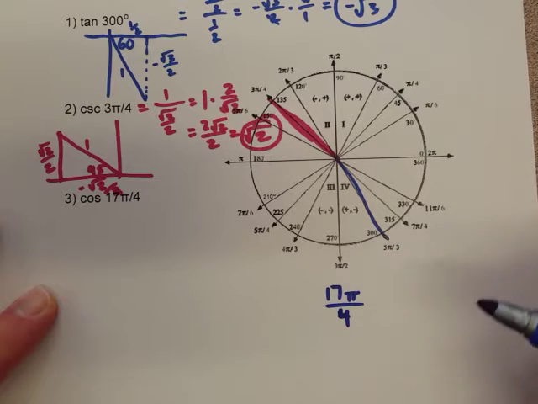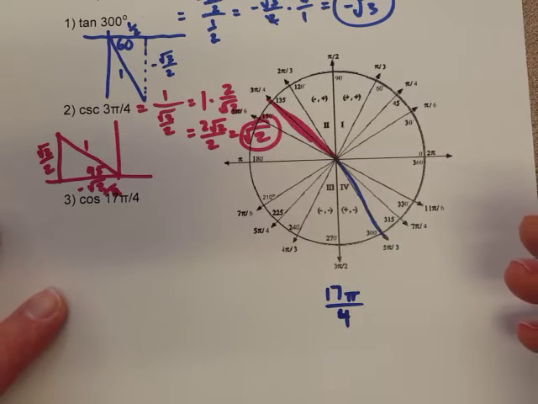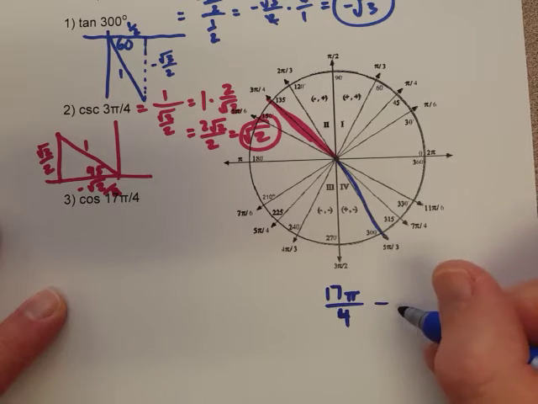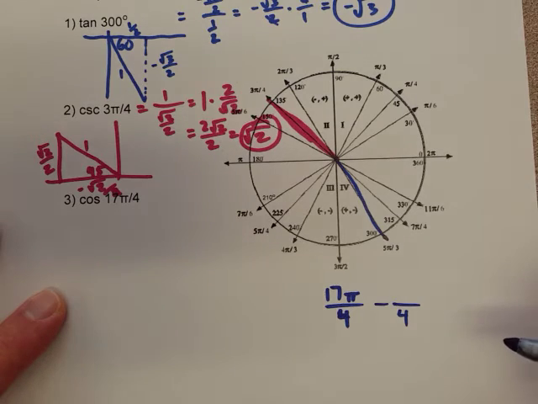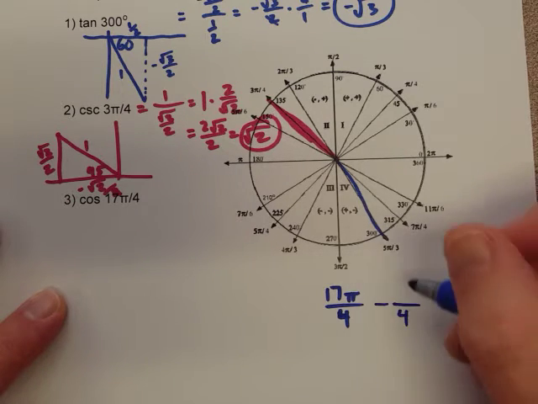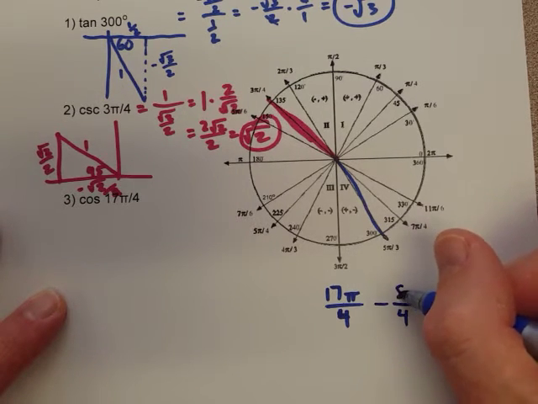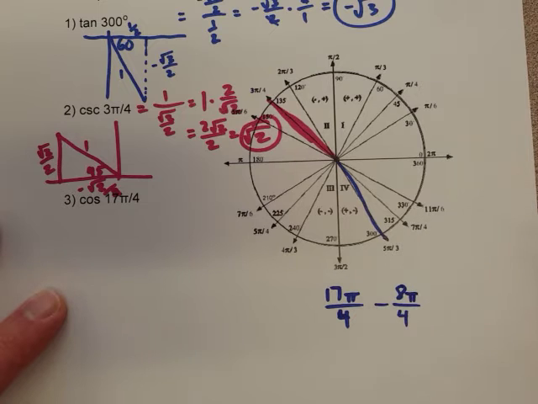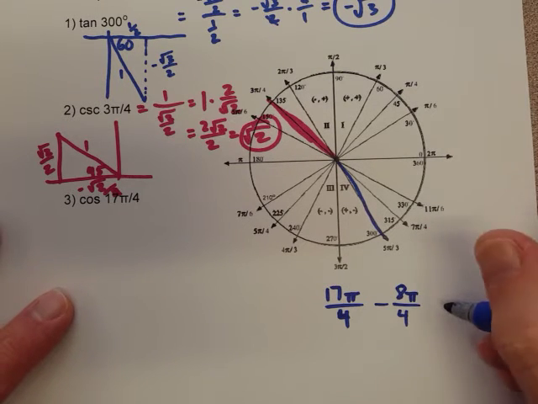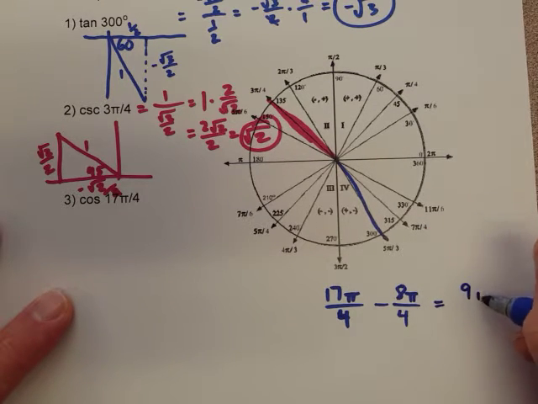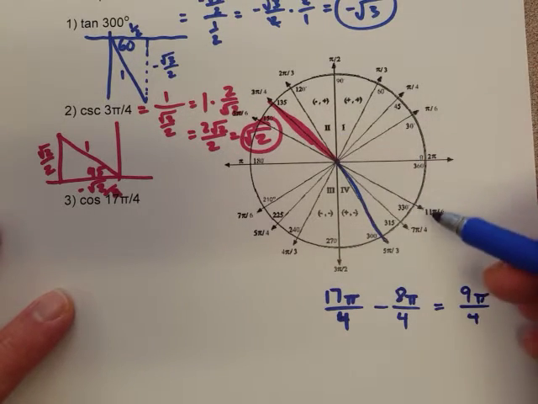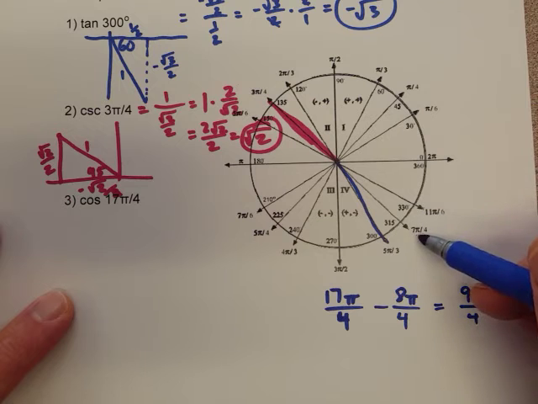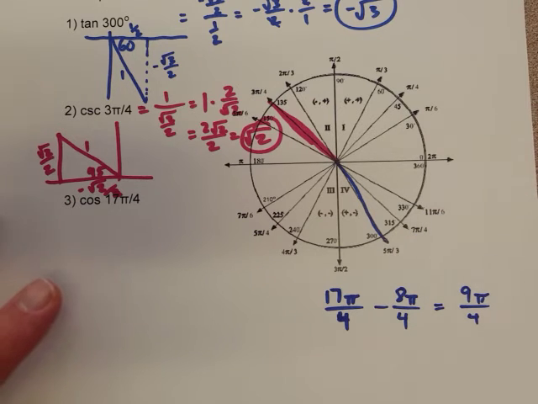Well, we want to add or subtract multiples of 2 pi. Now in this case, divided by 4, so it's going to be minus something over 4 because we want to get this down a little bit farther. And so then we're going to do 8 pi over 4. Well, we subtract those and we get 9 pi over 4, which is still not within one turn of the unit circle. It doesn't show up anywhere. The biggest one we've got is 7 pi over 4 in terms of 4s.